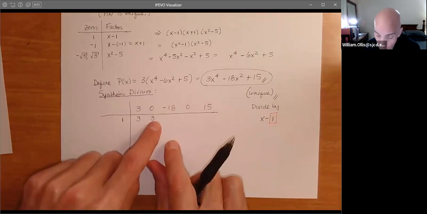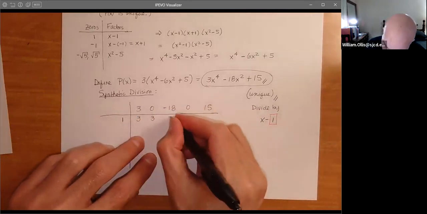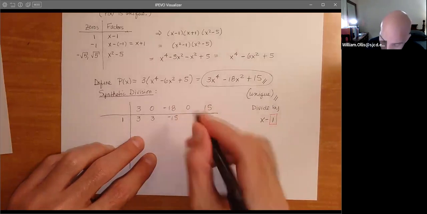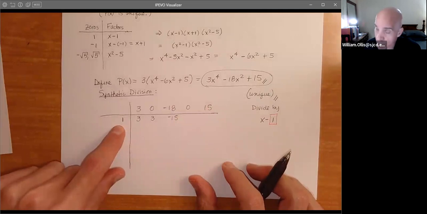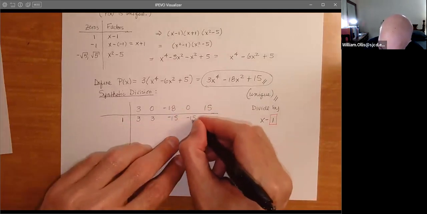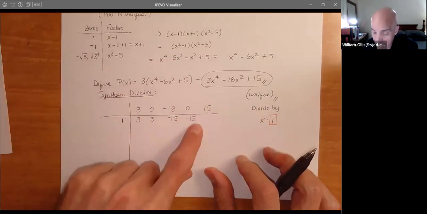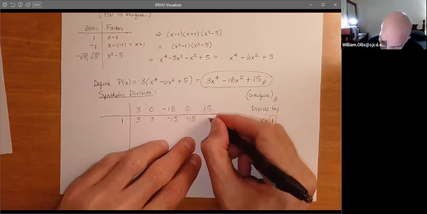Then we keep going. Now we do it again. 3 times 1 plus the next coefficient, negative 15. And then we do it again. Negative 15 times 1 is negative 15 plus the next coefficient, 0.